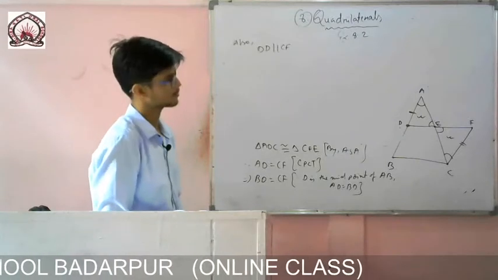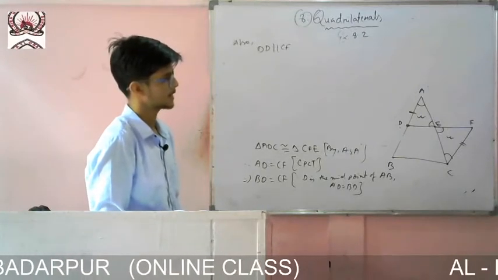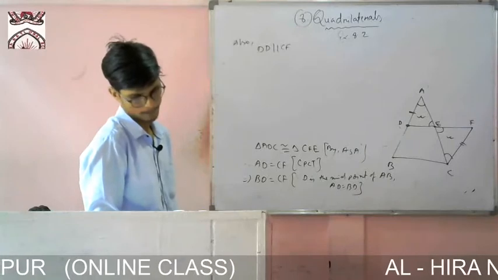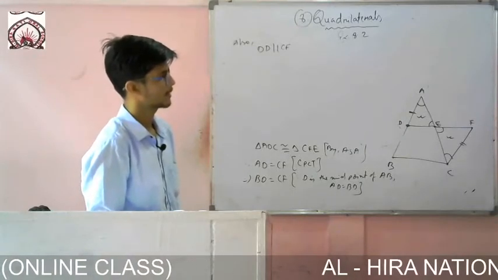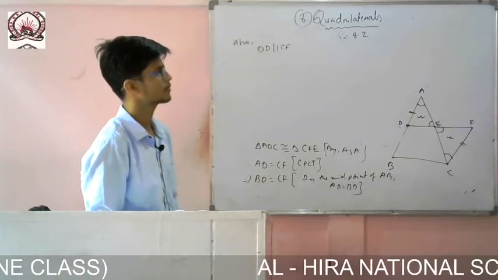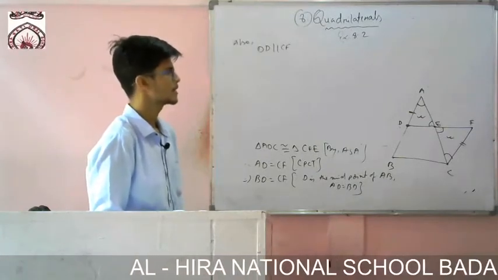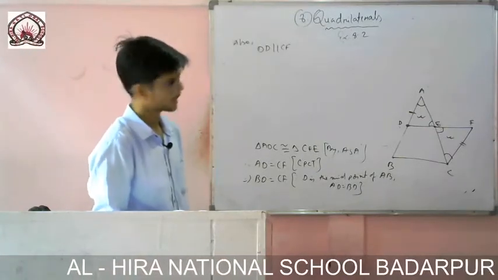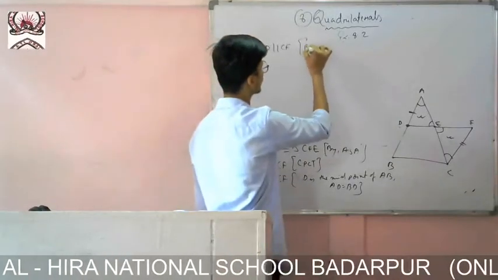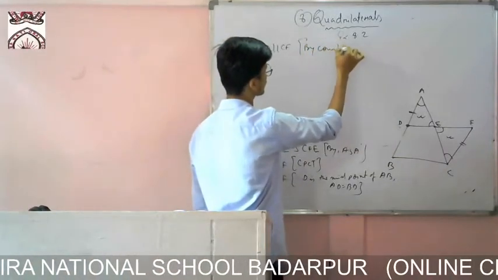By construction we have shown BD is parallel to CF. It was given now, CF is parallel to AB, and AB and DB are the same line. So I can say that DB is parallel to CF. If you want, you can write here, by construction.